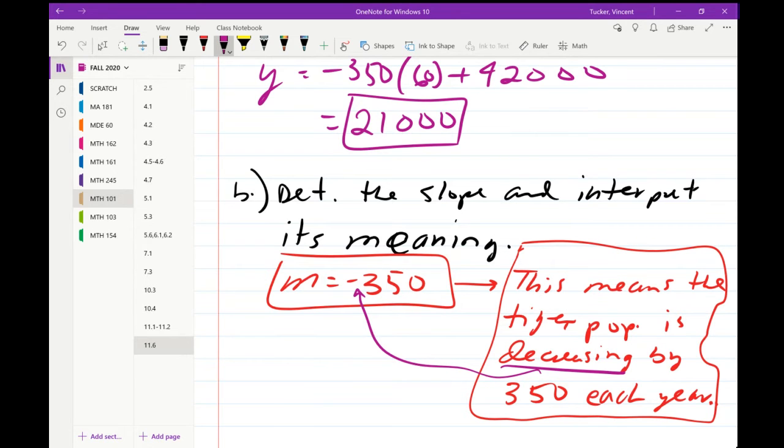If it was positive, then it would be increasing each year.